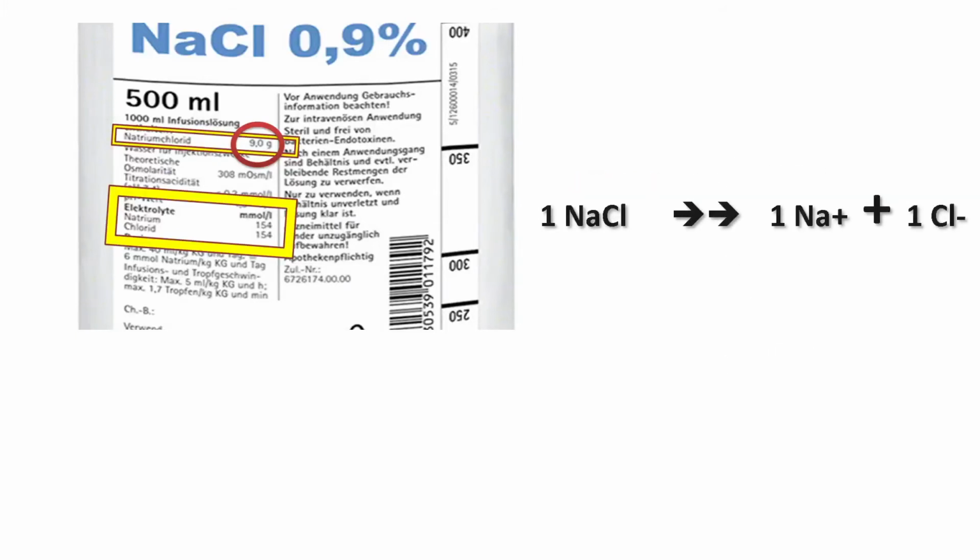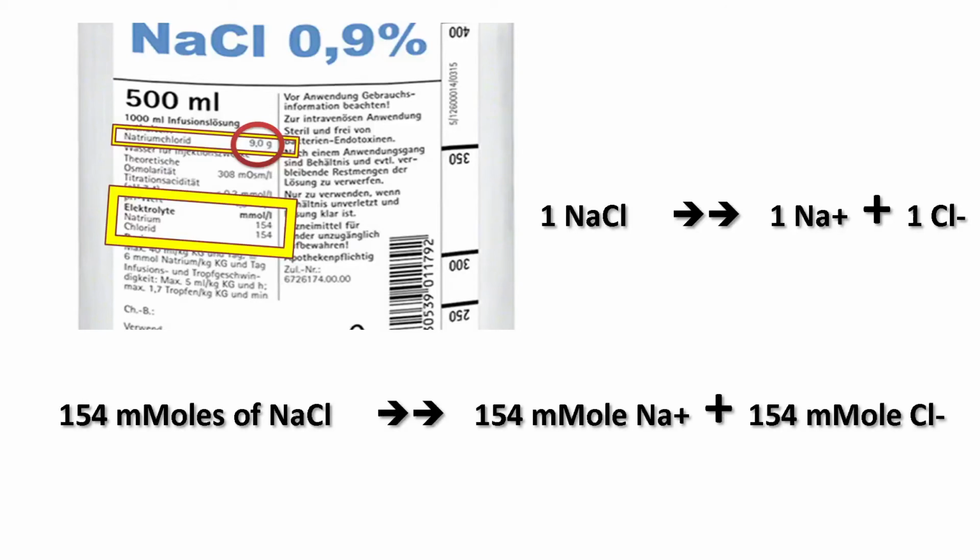We know one sodium chloride molecule dissociates into one sodium and one chloride ion. Therefore, 154 millimoles of sodium chloride will give 154 millimoles of sodium ions and 154 millimoles of chloride ions.